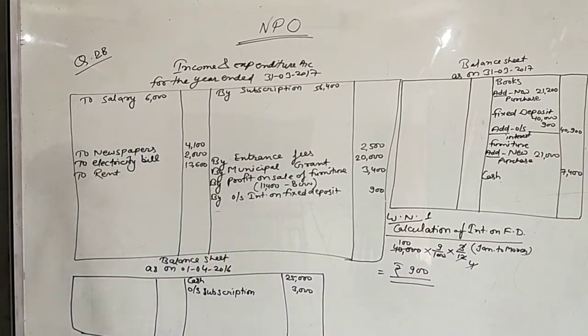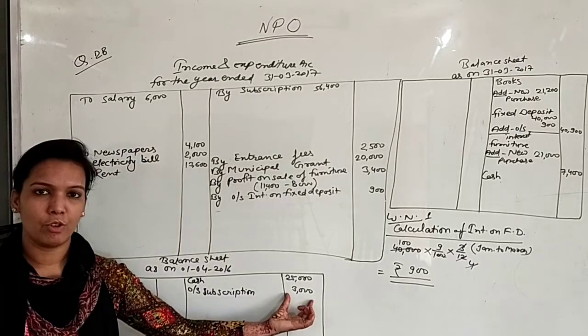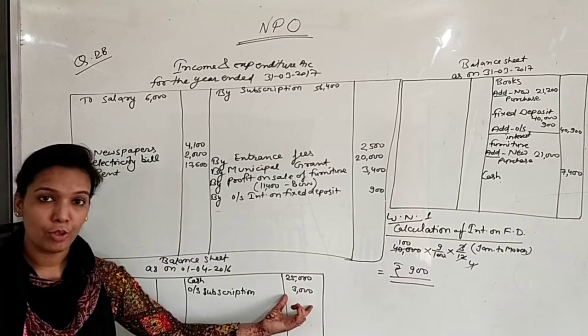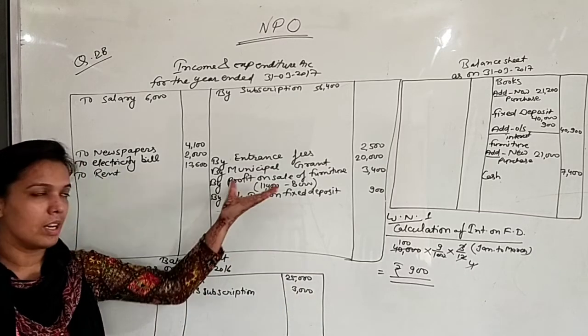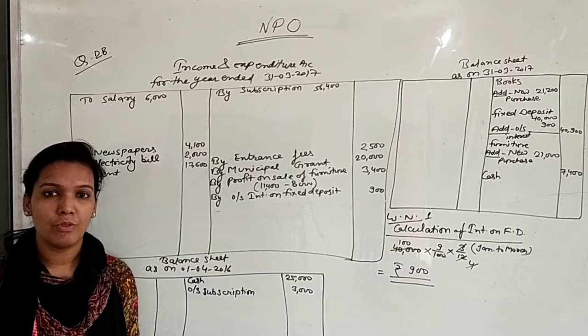Okay. Now you should check in your receipt and payment account that in subscription there was an amount of 2,400 of 2015-16. This means the outstanding subscription of last year was 3,000, but out of 3,000 you received in the current year only 2,400.